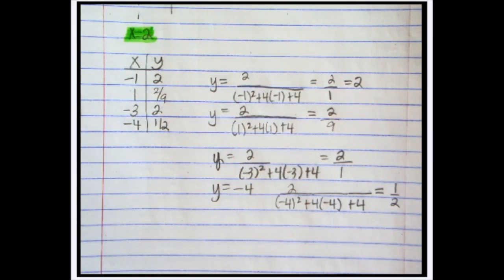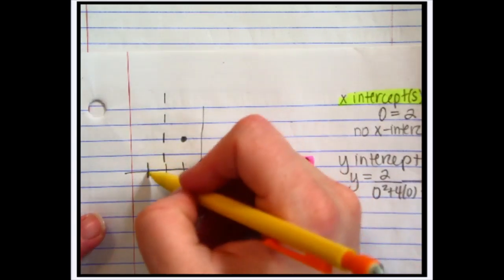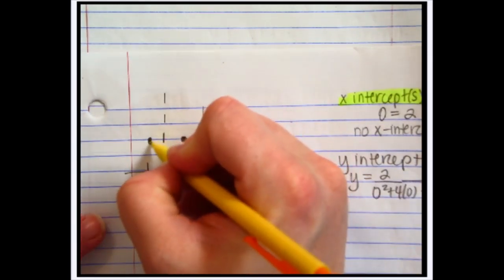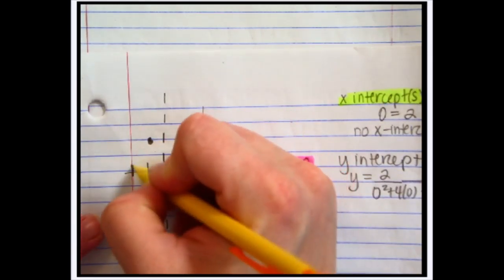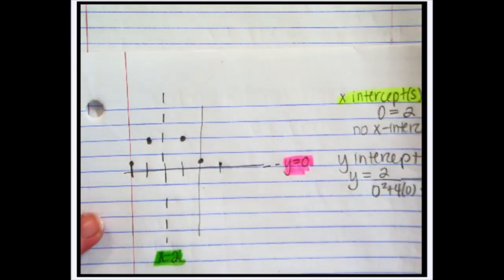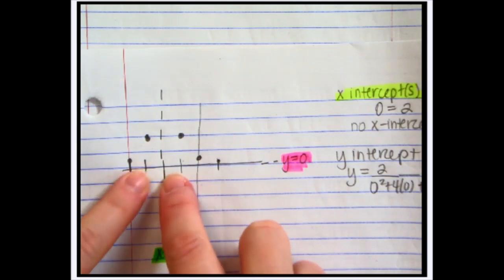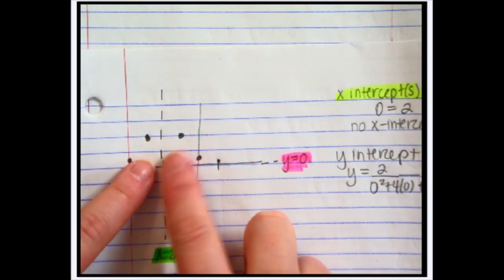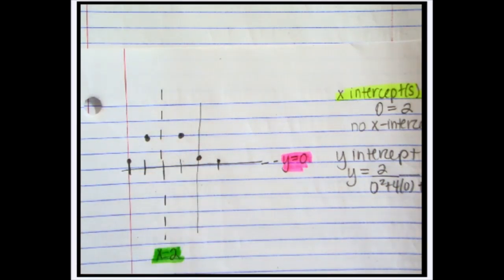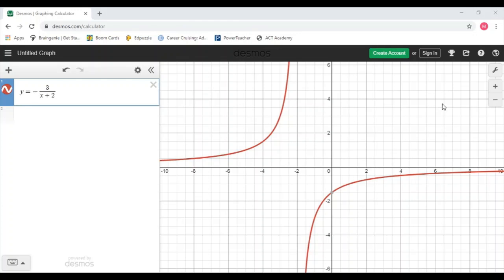So let's go graph those 2 points: -3, 2, and -4, 1/2. So it looks like it's symmetric, right? Looks like they're folding. So let's look at Desmos and see if what we are theorizing is correct.